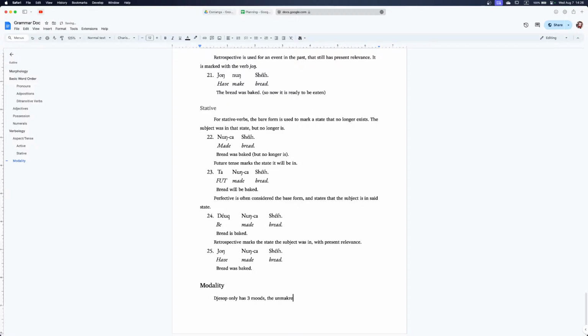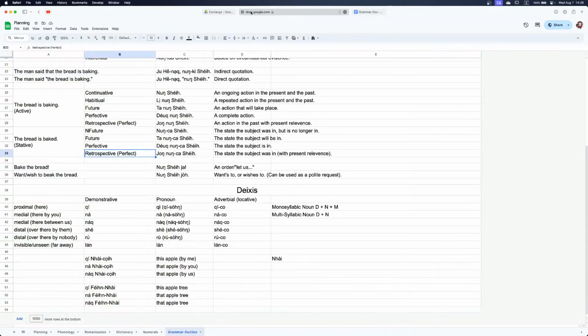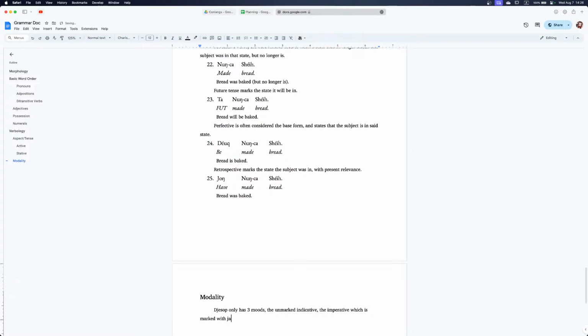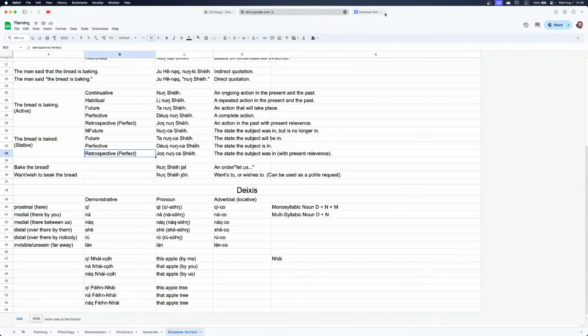The unmarked indicative, the imperative, which is marked with, I think I said yo or ya. Ya. Marked with ya. And the optative that is marked with yo. There we go.